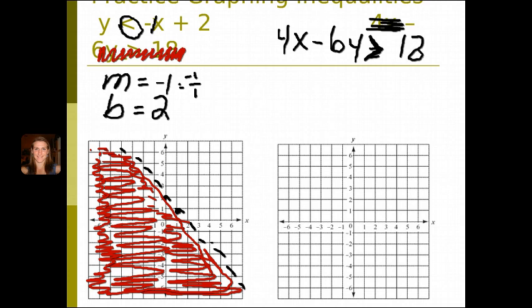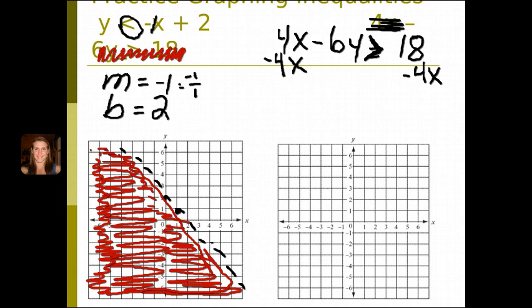Since this inequality statement is not solved for y, y is not by itself, we need to do some inverse operations to solve for y or get y all by itself. So the first inverse operation would be to minus 4x. Whatever we do on one side of the inequality symbol, we must do on the other side to keep it balanced. Positive 4x minus 4x cancels out.